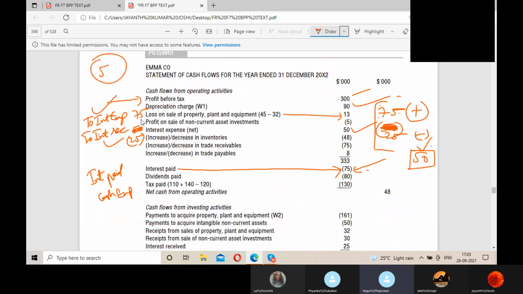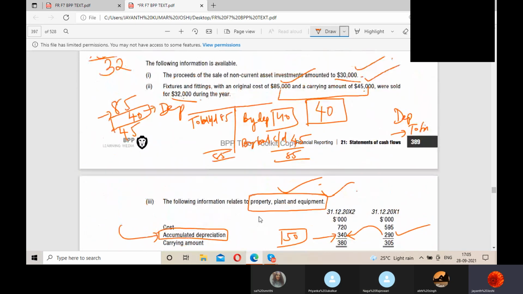Now this profit on sale of non-current investments is a non-operating nature income, correct? So you need to deduct, subtract. So till here everything is all right. Now I will just go for the working capital. So let us check the inventory.